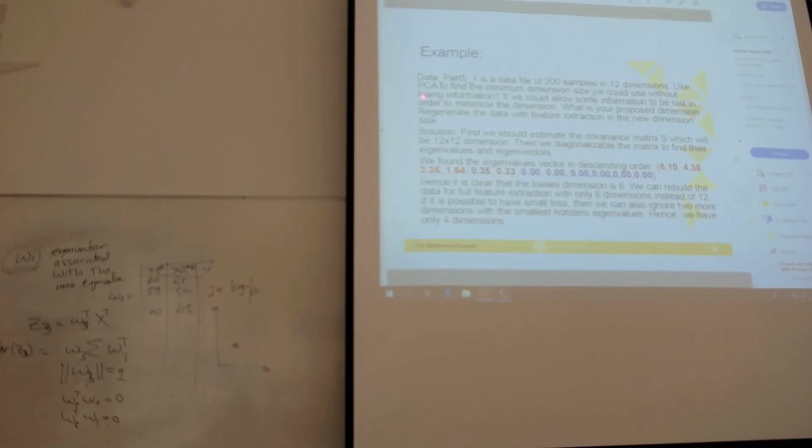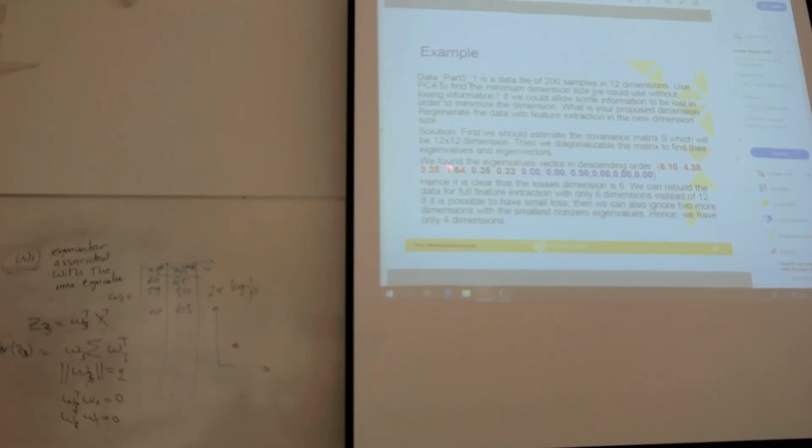There's one example here, given on the model. You have data part 5. There are 200 samples and 12 dimensions in that file. If you downloaded this data and did the same as we showed now, you take the covariance, which will be 12 by 12 dimension, and then you take the eigenvalues.